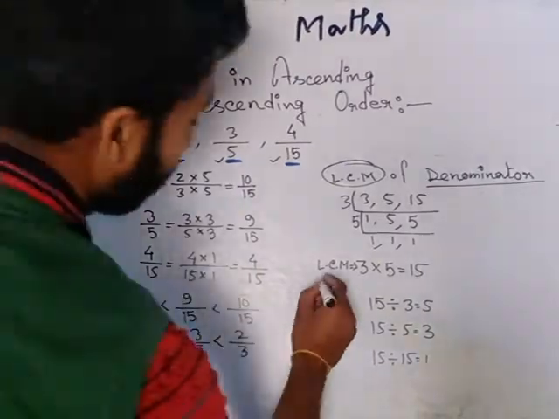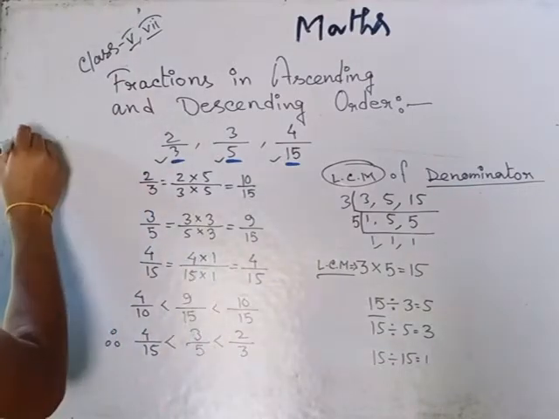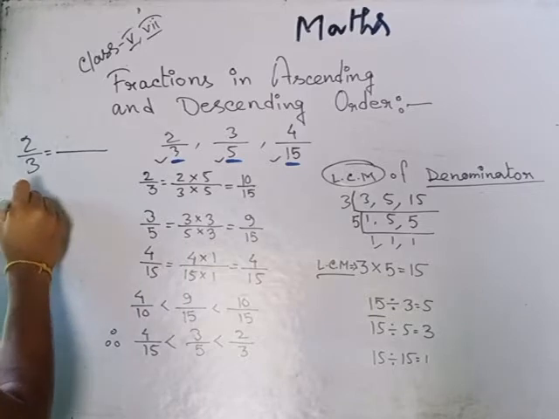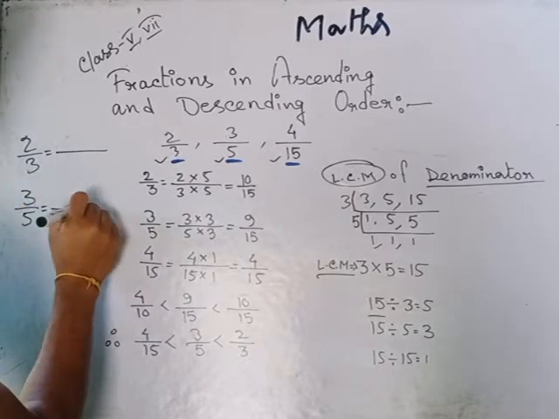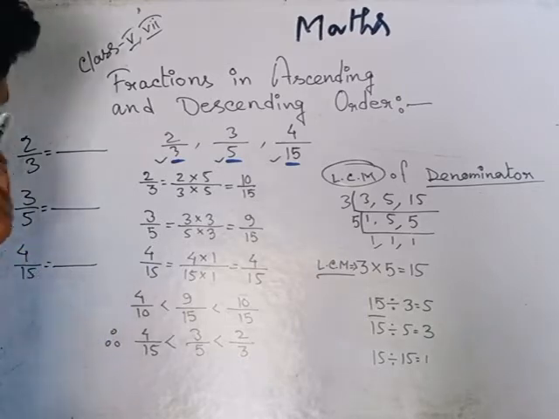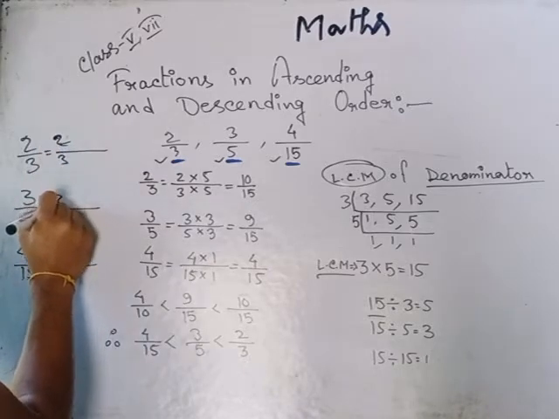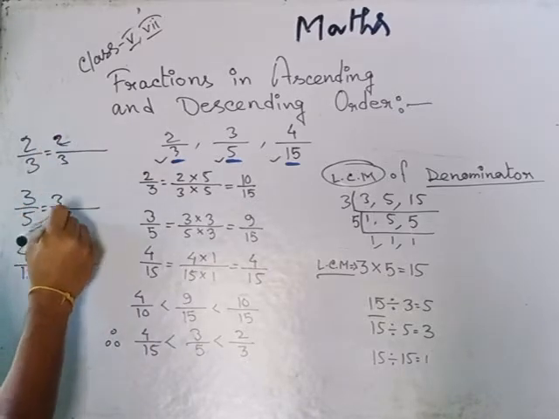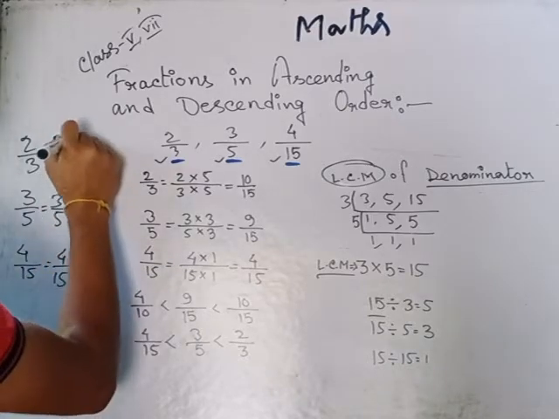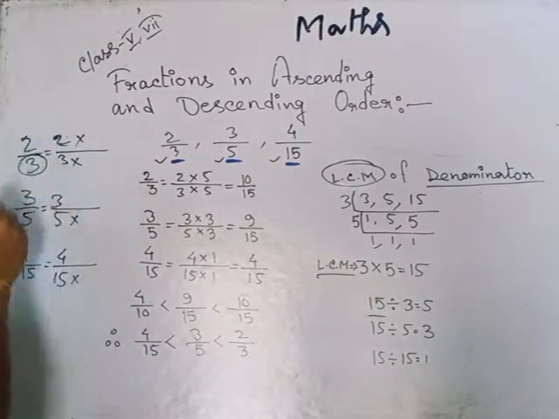If the LCM is 15, at first we should arrange the numbers like this: 2 by 3, 3 by 5, and the same here, 15. Okay, multiply with which number? If the denominator is 3, we should divide 15 by 3.